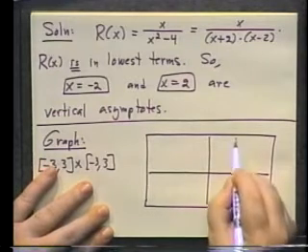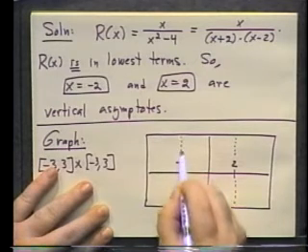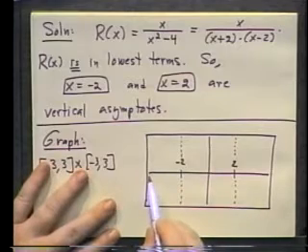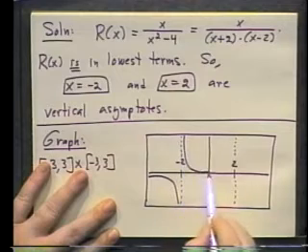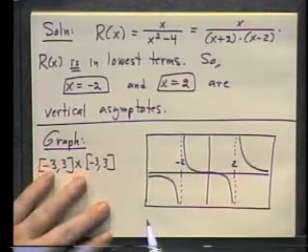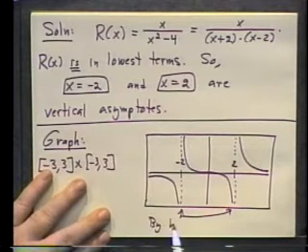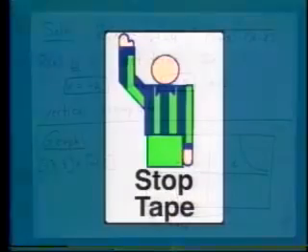Here at 2, I have one asymptote, and at minus 2, I have another one. And what is the function doing around those asymptotes? Well, it's coming down like this, coming down here, touching in the middle and going down, and coming up over like that. And remember, I drew in both of these asymptotes by hand because the calculator won't do it unless I specify it, and I didn't bother to in this case.